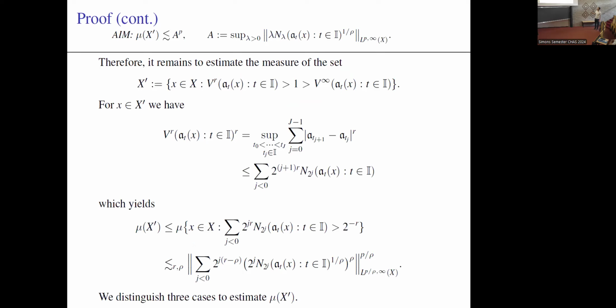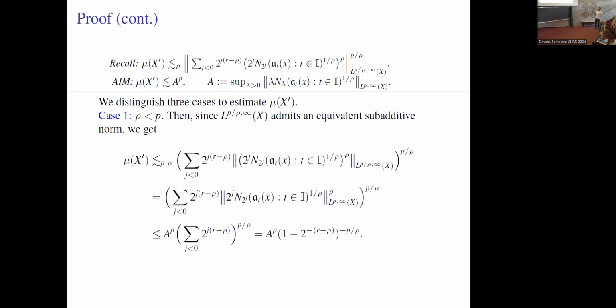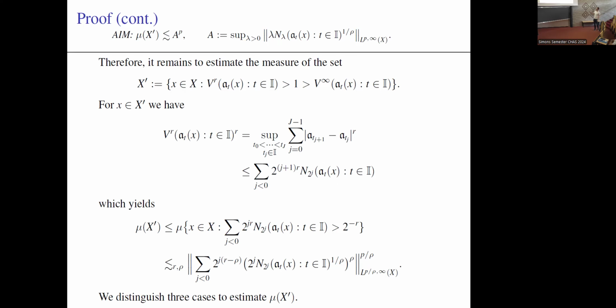If we look more closely, this function, which is written in a very fancy way, is just this function here. The power of 2 is exactly the same, because here we have jr, and this term cancels out with this one. What we need to do is consider three cases depending on whether this power which appears here is greater than 1, equal to 1, or smaller than 1.